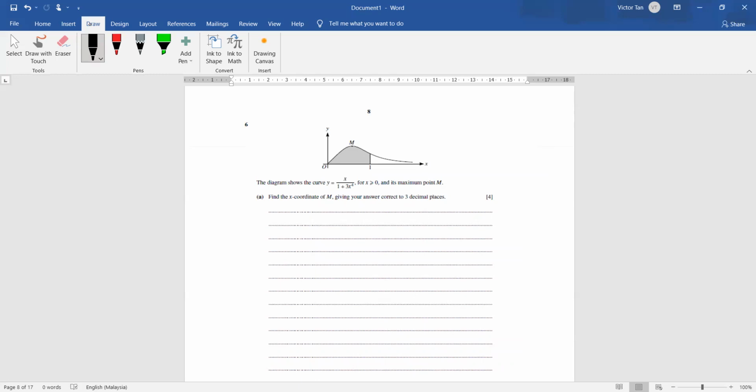To differentiate this, you need to use the quotient rule, which you refer to in your MF19. So this is u over v. So it's v du/dx minus u dv/dx, which is 12x cubed, over v squared.